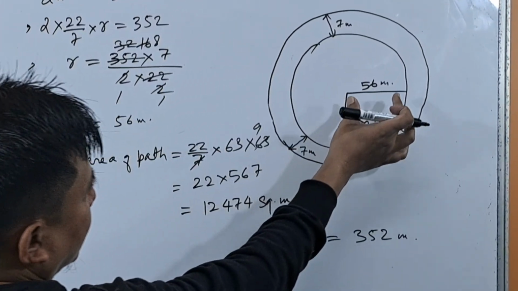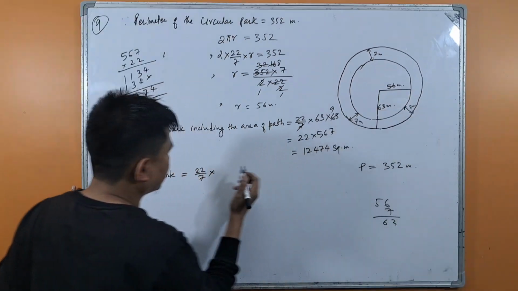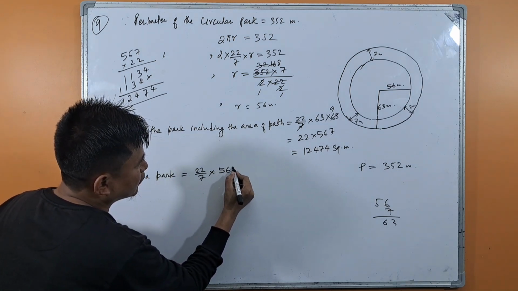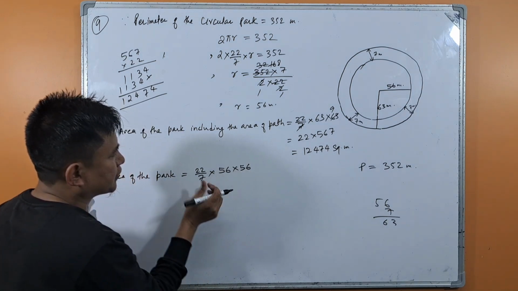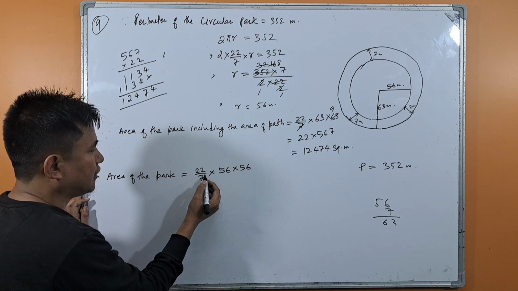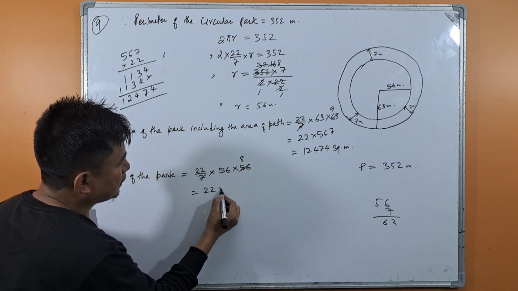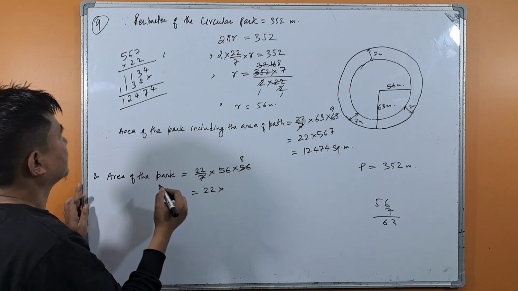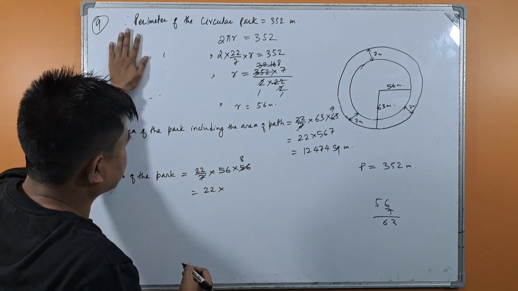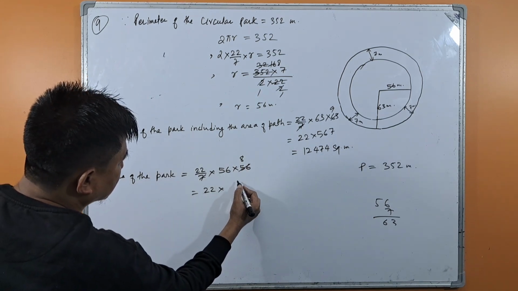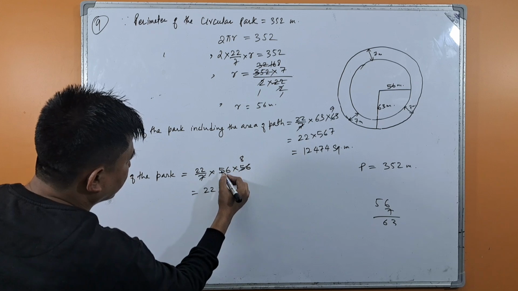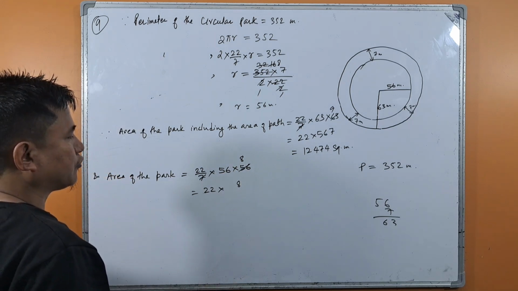What is r? r is 56. r square means 56 into 56. 7 into 8 is 56, so 22 into 8 into 56. 8 into 56 is 448.